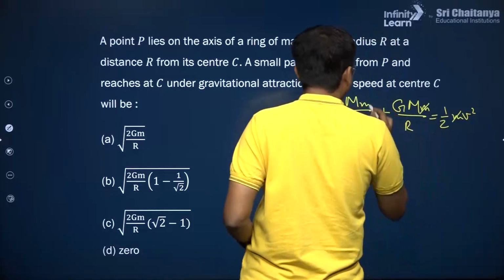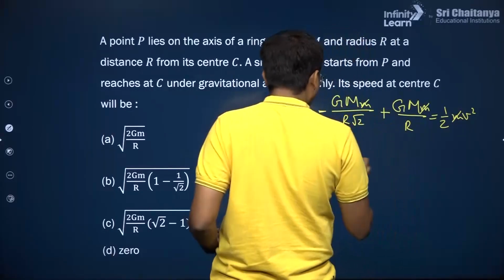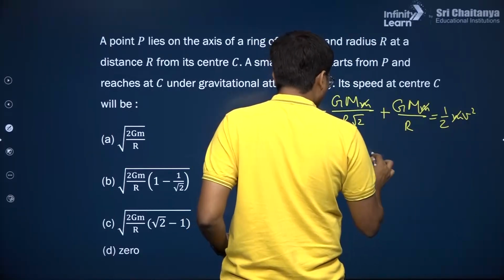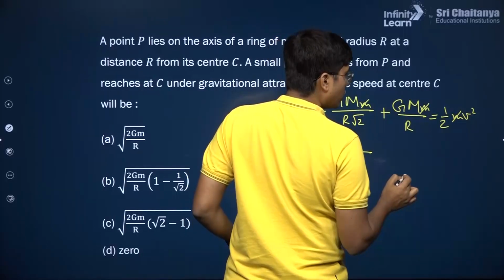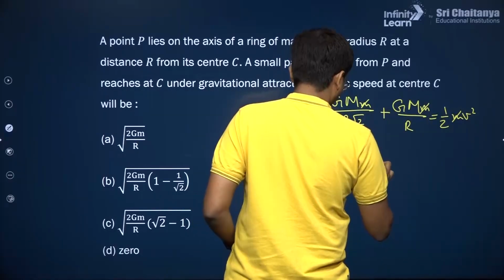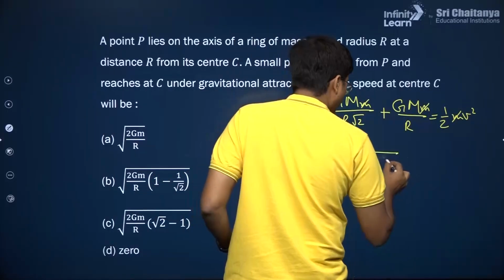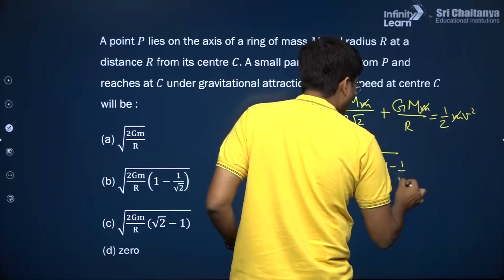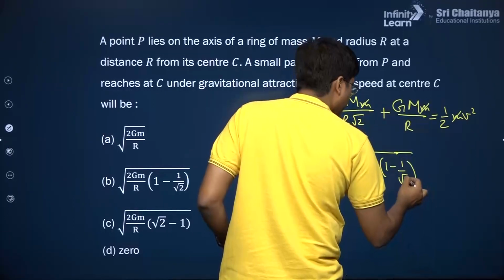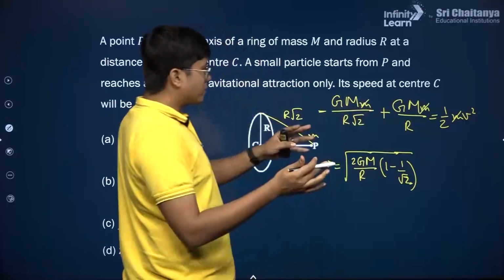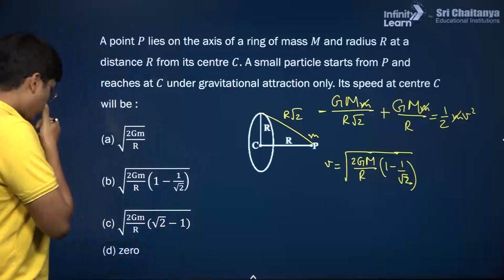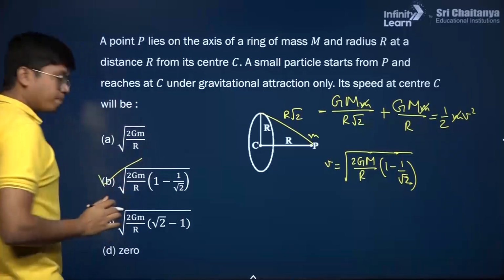Cancel out the m's from both sides. You have v is equal to root over of 2GM by R into 1 minus 1 by root 2. If you take things common, you'll get it. We have an option for that, that is option B.